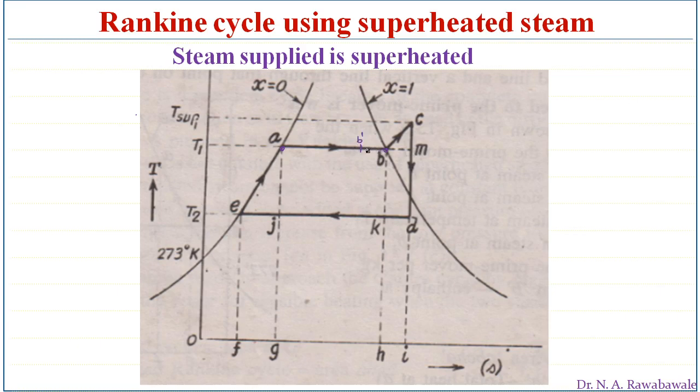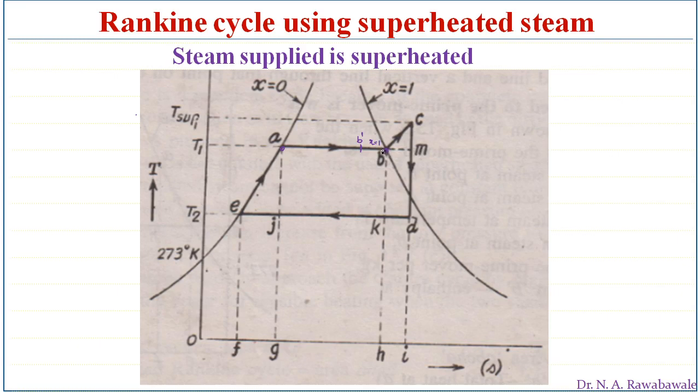So if steam is expanded from B dash, then expansion of steam is with dryness fraction X equal to some value. But if steam is completely evaporated and dryness fraction X is equal to 1, then we call it a dry saturated steam. Second case we studied if steam is expanded when it becomes dry saturated.